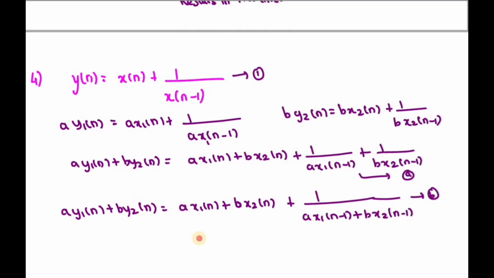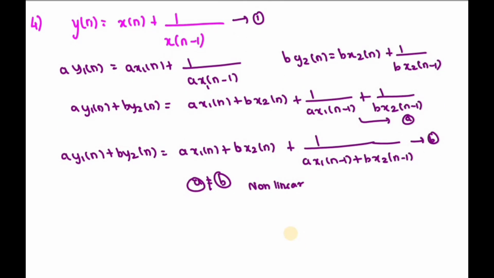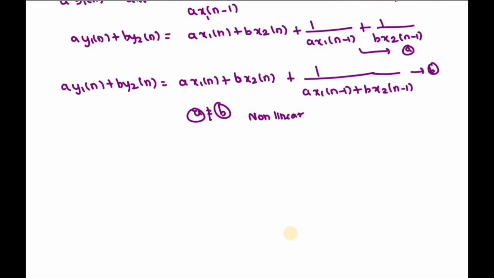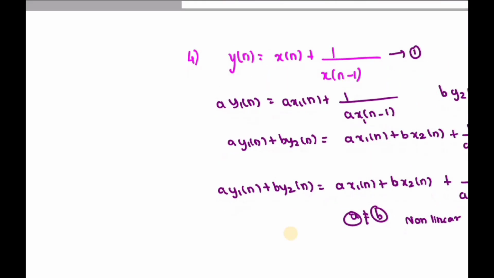So if you compare the two equations, this is a x1 and this is b x2. We can see this is not equal. Therefore, that is a nonlinear system.